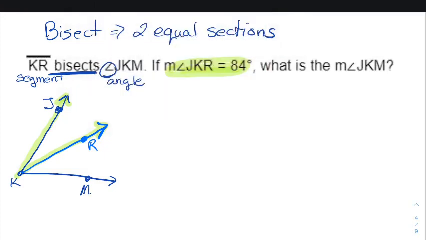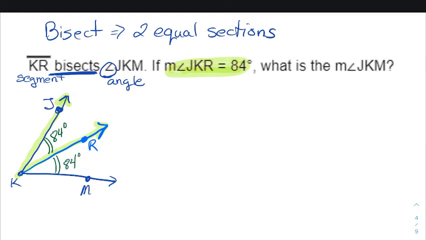Okay, so notice that's just this portion here, 84 degrees. Well, based on the definition of bisect, we should recognize that if KR bisects this angle JKM, then this angle RKM must also be equal to 84 degrees.